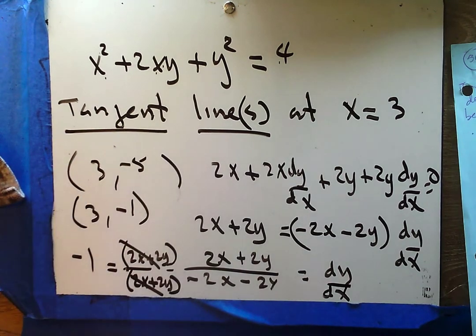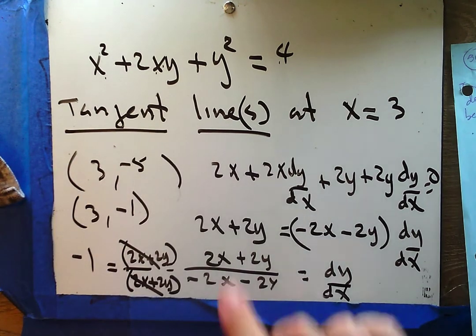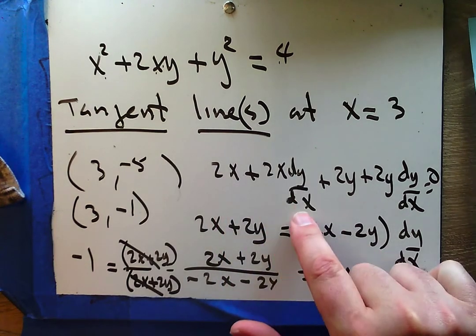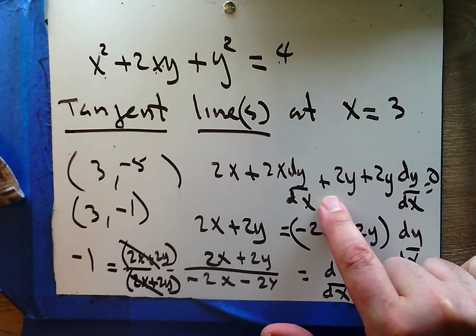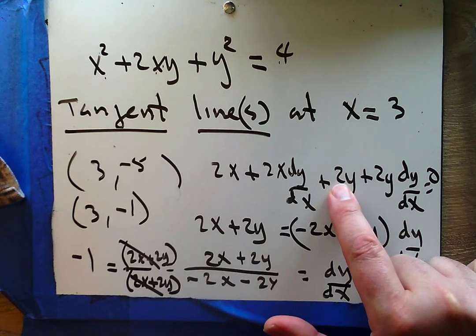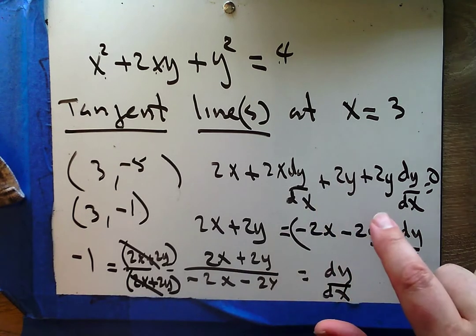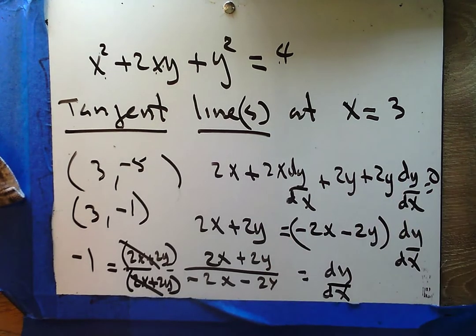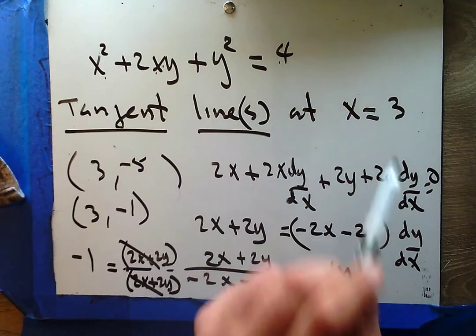Well, let's take a look. Yes, 2x, the derivative of that with respect to x, plus 2 is the derivative of 2x times y, plus 2y dy dx. And then I move those over. Yeah, no. Okay, that's weird. And then I have to write the tangent line.